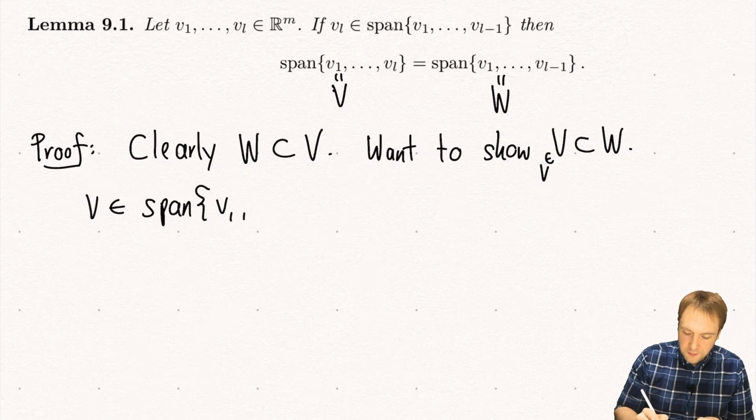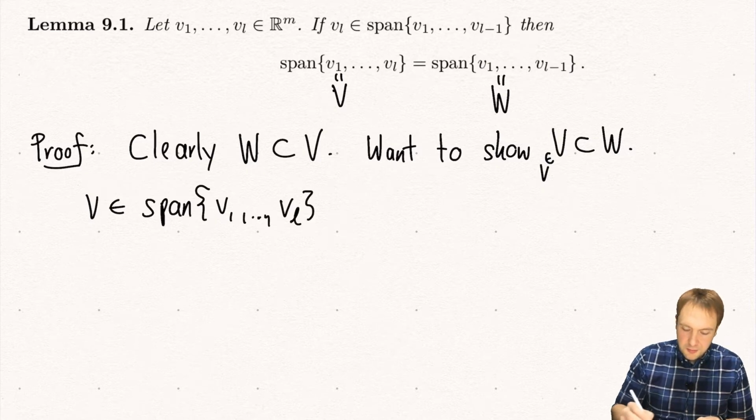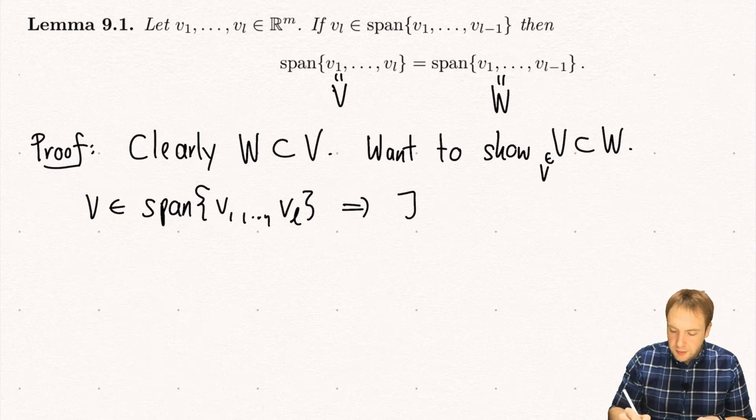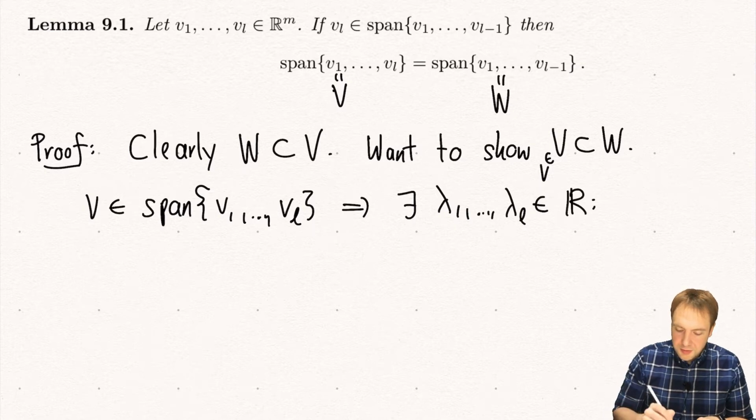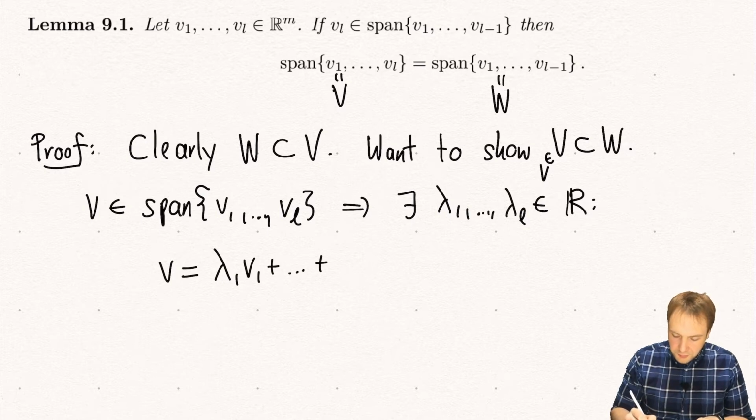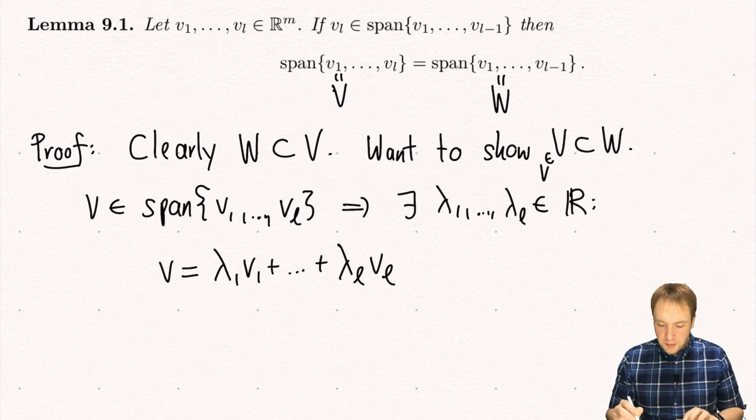So if we have some v in the span of V1 up to VL, there exist lambda 1 up to lambda L such that this v is a linear combination of these vectors. Because this is the definition of the span, this is the collection of all linear combinations.